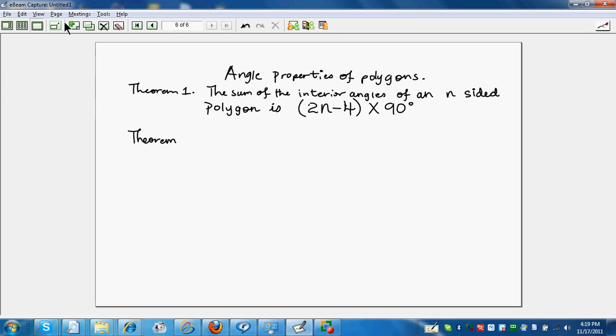Theorem 2. Next one is theorem 2. And this one is simpler.